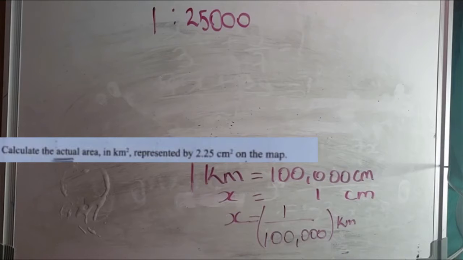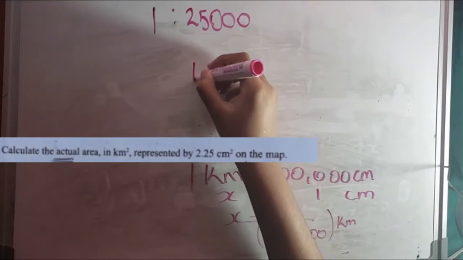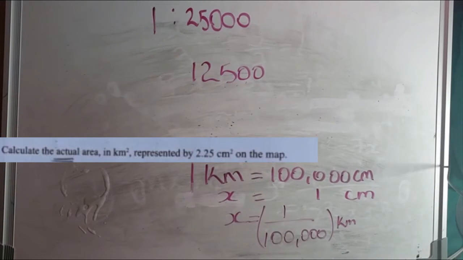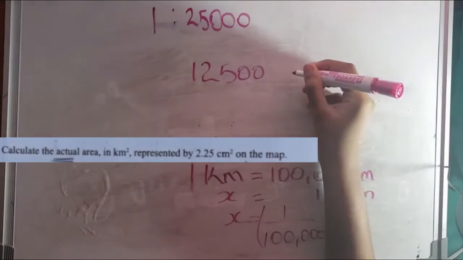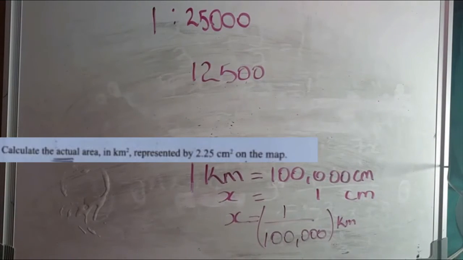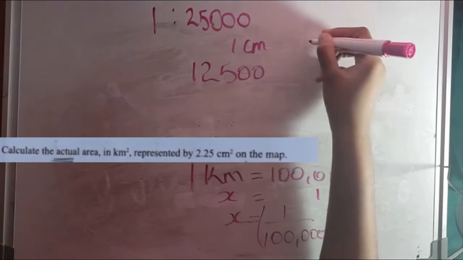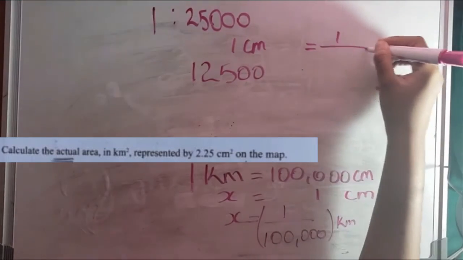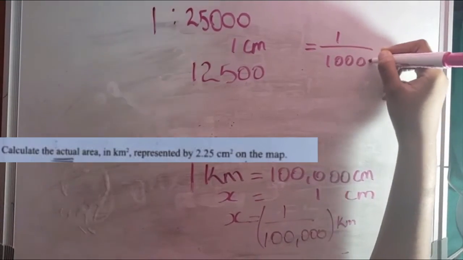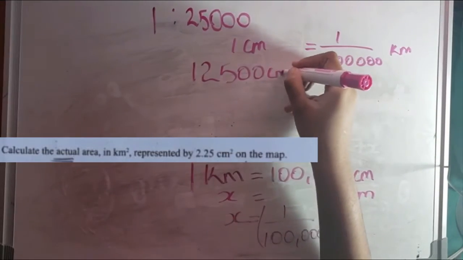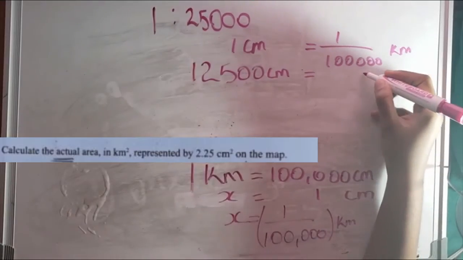So now the 12,500 that we previously got, I rubbed it out for space sake. We're going to have 1 centimeter is equal to 1 over 100,000 kilometers. So therefore 12,500 centimeters is going to be equal to x.